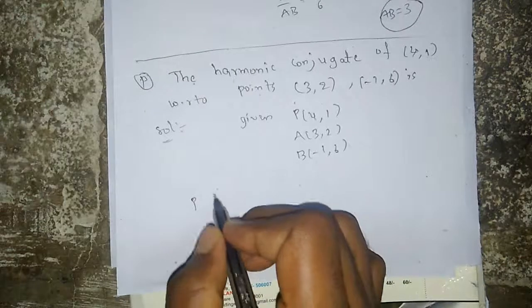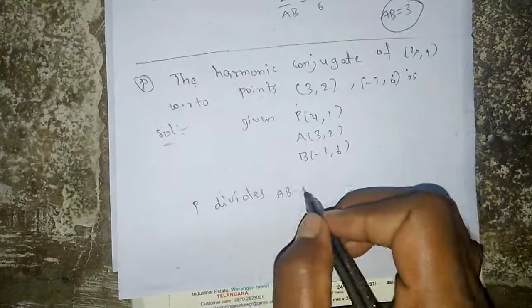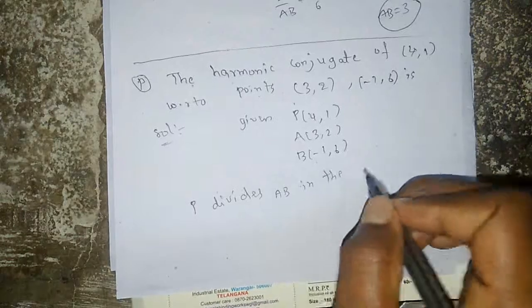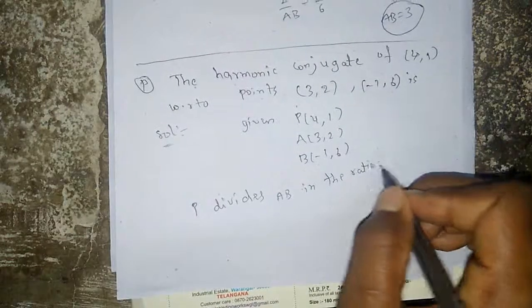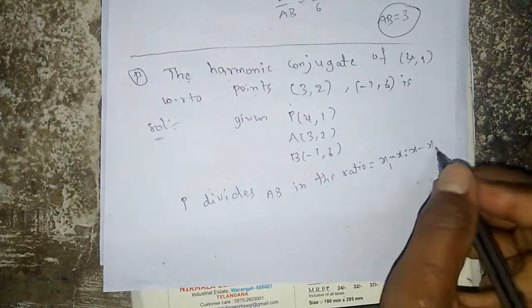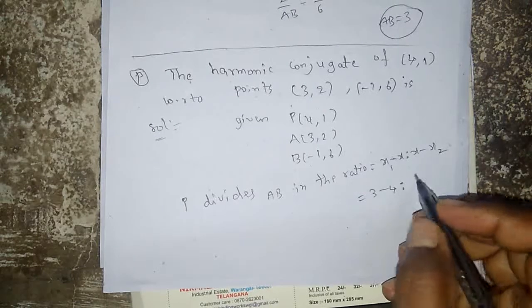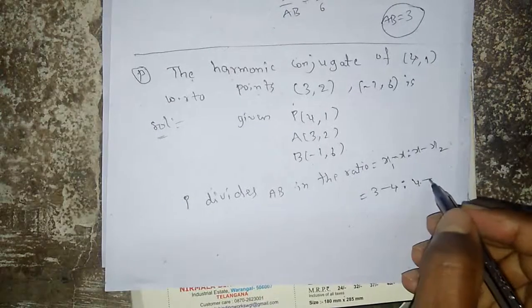Here P divides AB in the ratio x1 minus x is to x minus x2, that is 3 minus 4 is to 4 plus 1.